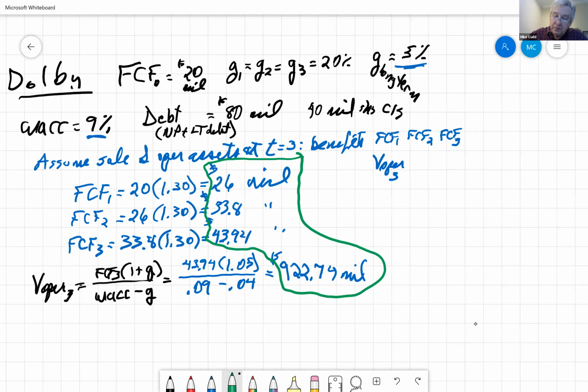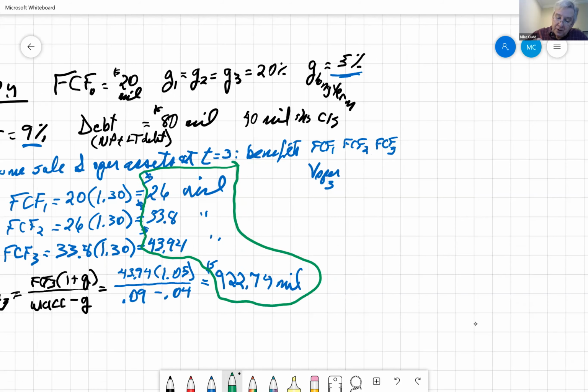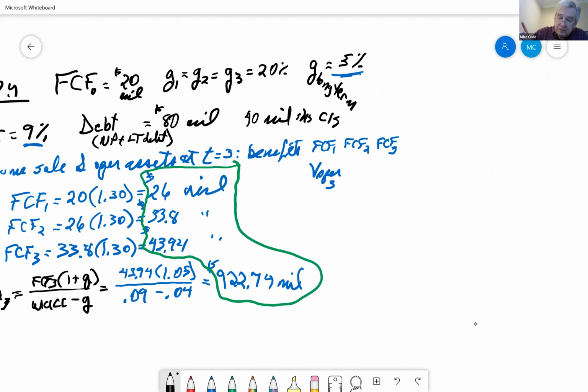Using your calculator, again, I would have, let's see, CF shift clear to get rid of all the old values. It prompts me for the cash flow at time 0. There is none.